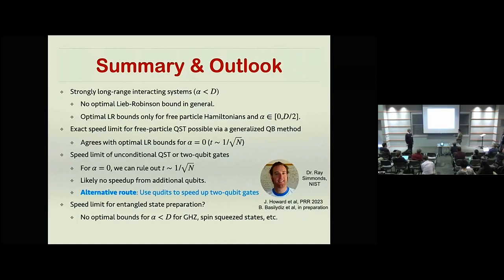Especially if you consider this fully connected quantum computer, we actually only have protocols that can prepare a GHZ state in time 1, where the Lieb-Robinson bound actually tells you it's 1 over n or log n over n. So there's a huge gap there. And unfortunately, if you want to bound this better, you can't use either the Lieb-Robinson bound or this Frobenius norm. So most likely, some of the techniques we develop, like taking a closer look at operator growth, might actually be helpful. So you have to basically invent new techniques beyond the Lieb-Robinson bound to do it.